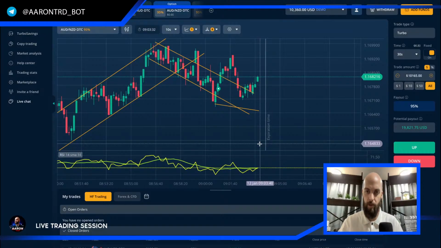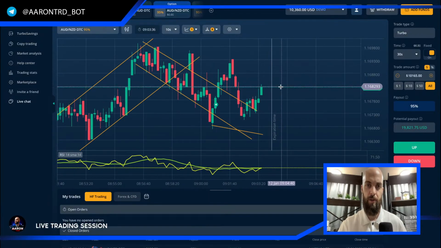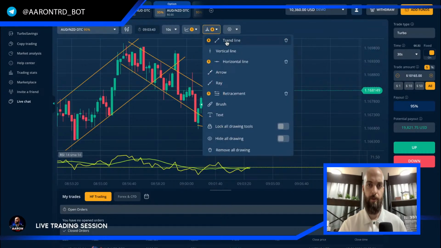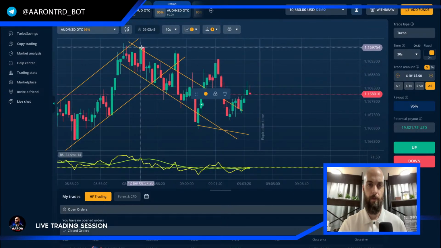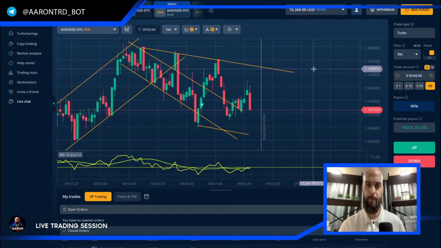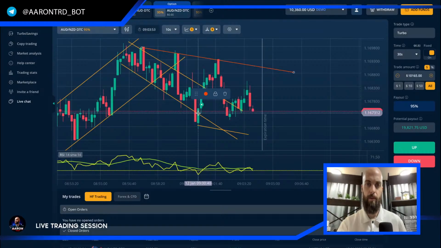I don't know if we're not going to get that, so let's look for a different entry here. I see another trend. That could happen. Change this color.